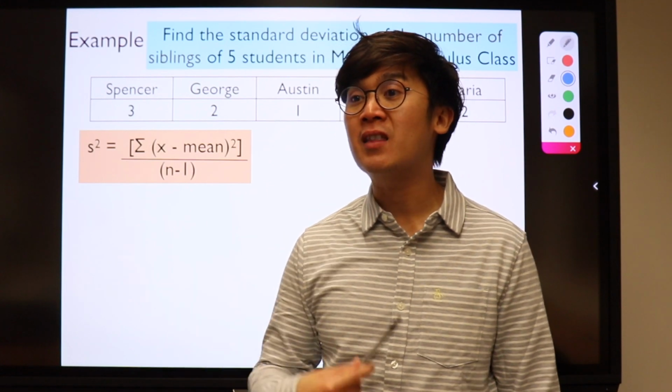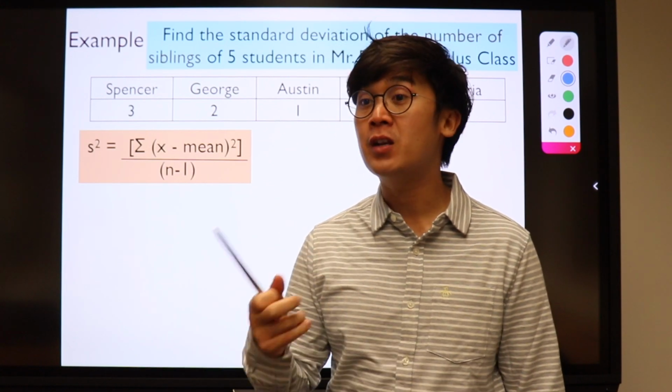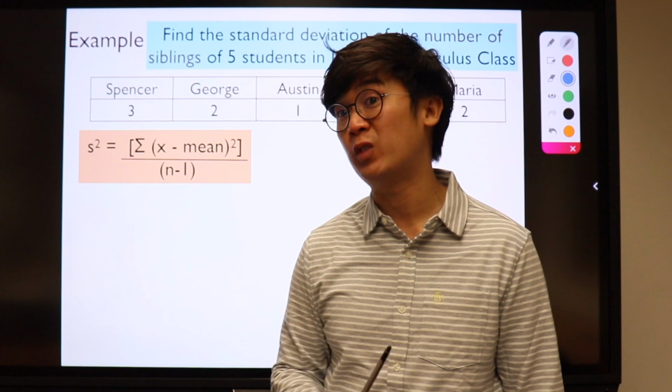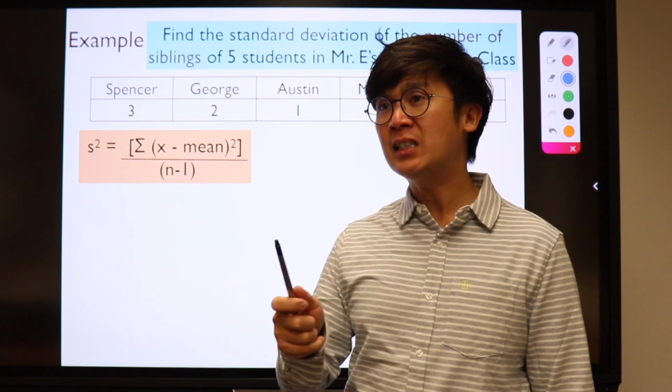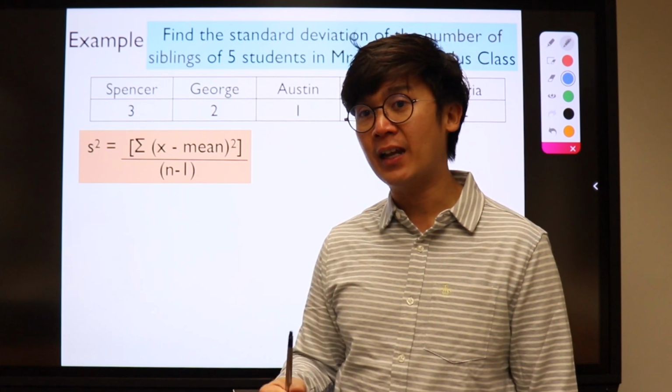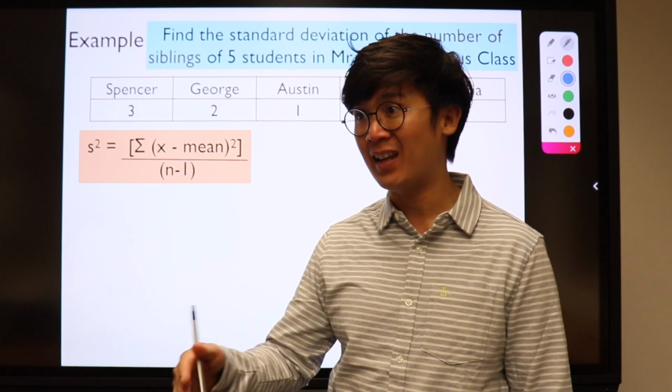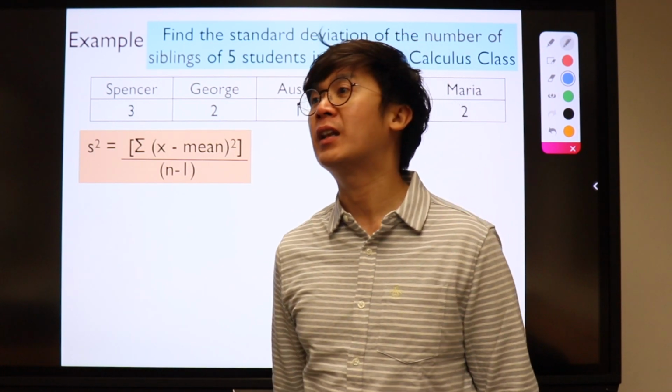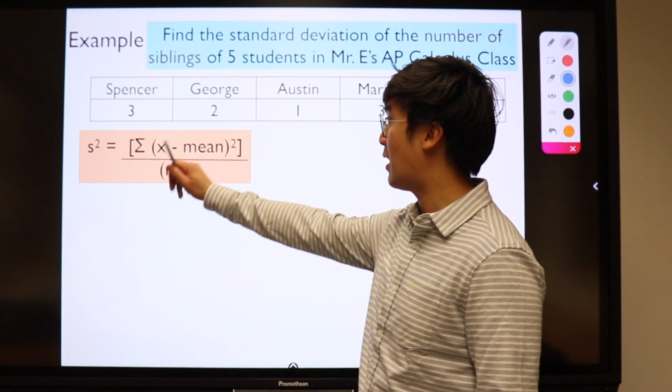And I want to see the standard deviation of the number of siblings in my 5 students. And standard deviation, technically, is the average difference in the individual values, which I'm going to deal with in a little while. But first, let's use the formula.